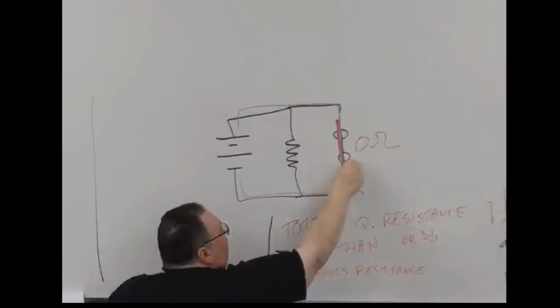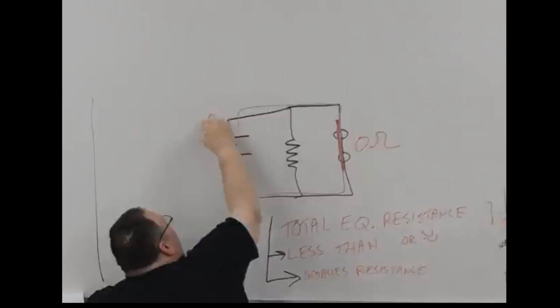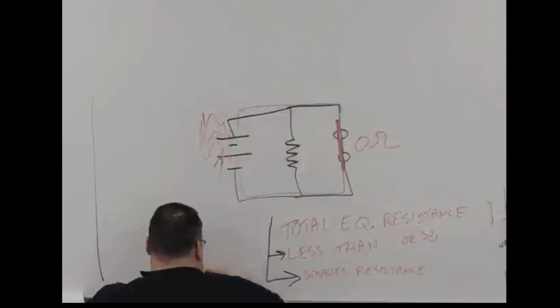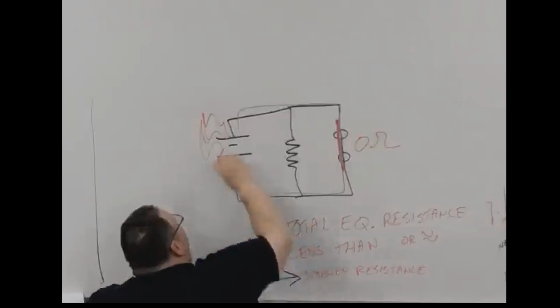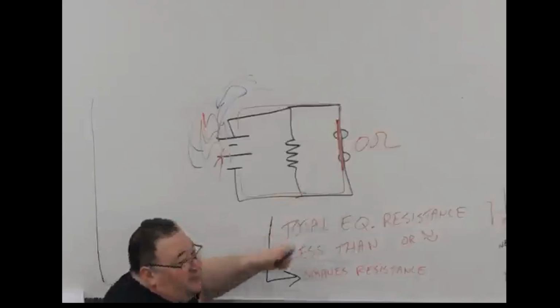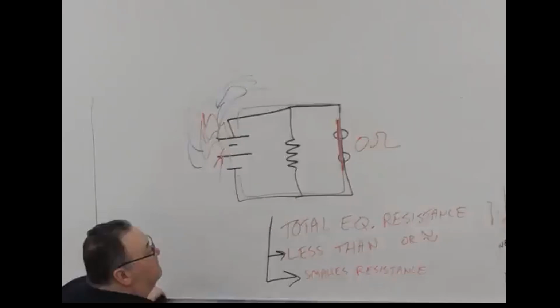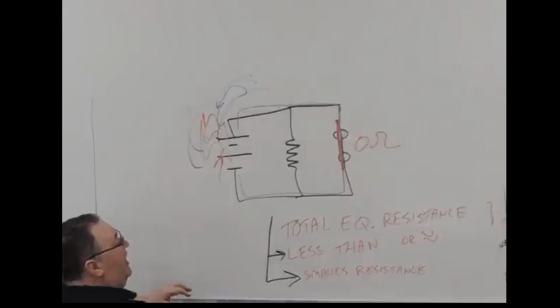Anything in parallel with 0 is 0. My power supply is going to see that dead short. It's going to burst into flames. It's going to catch on fire. There's going to be smoke billowing out. We're going to know right away we've got a short. We have to look at them differently in our labs.